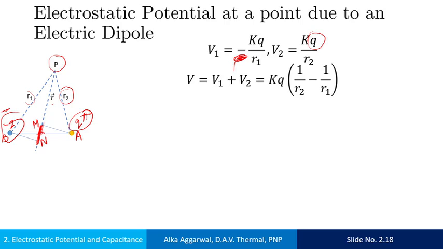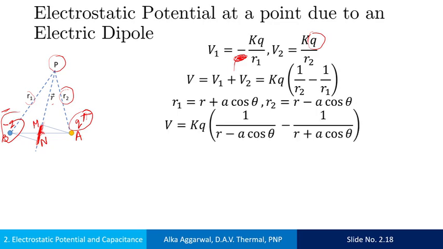So the net potential is the sum of these two potentials. Taking kq common, it is written as 1 upon r2 minus 1 upon r1. r2 is r minus a cos theta, and r1 is equal to r plus a cos theta. Substituting these values, we get the potential equal to kq into 1 upon r minus a cos theta minus 1 upon r plus a cos theta.